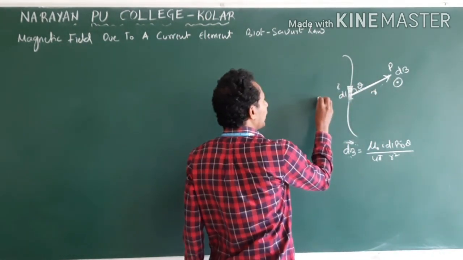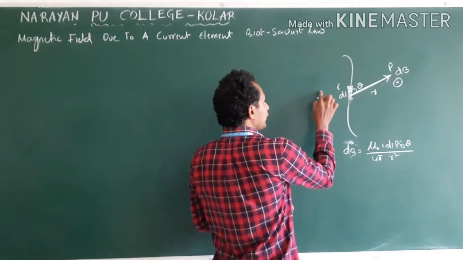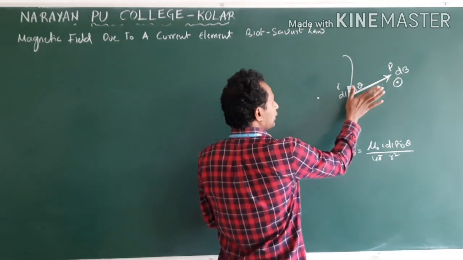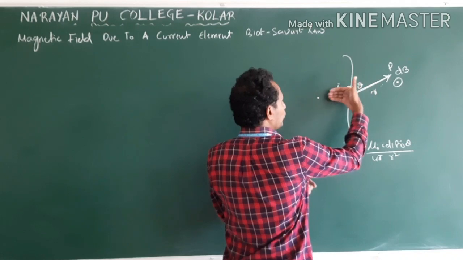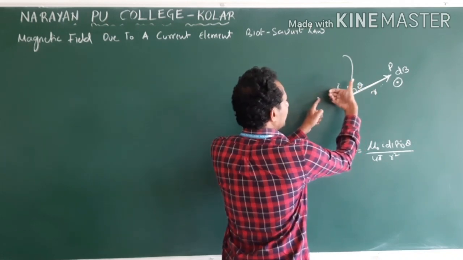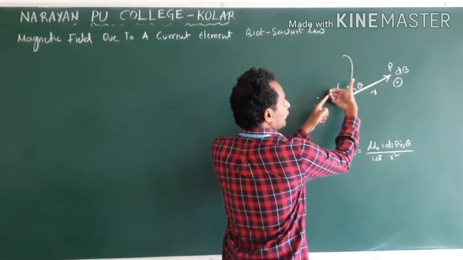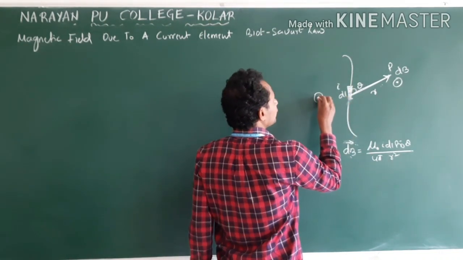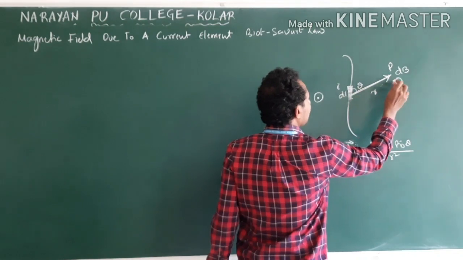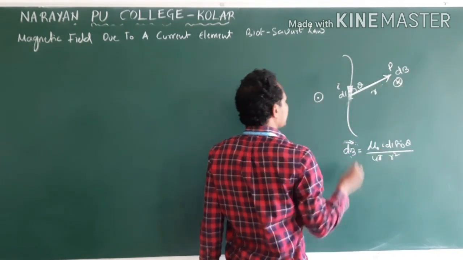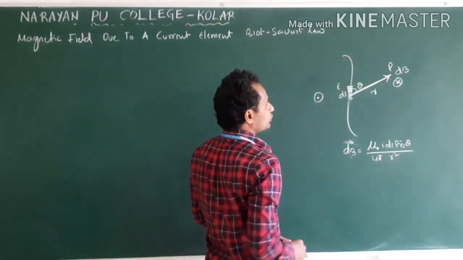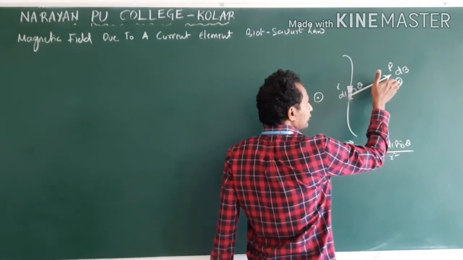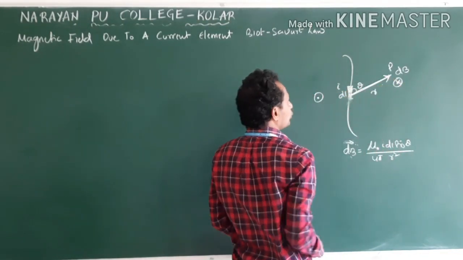Suppose you take a point here. If you are interested in finding the field at this point, keep the thumb here. Now see, the point is given and the fingers are coming out. So here it is what? Moving in is, sorry, a cross, and coming out is a dot. Cross is moving in, dot is coming out.